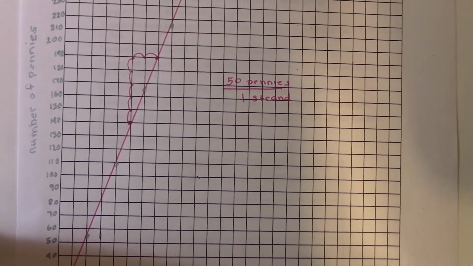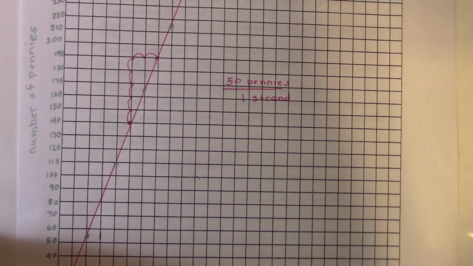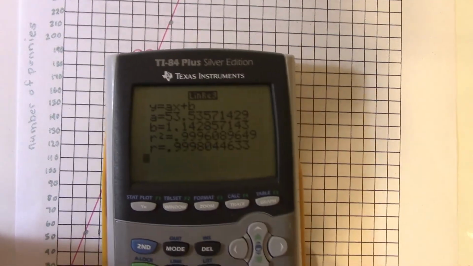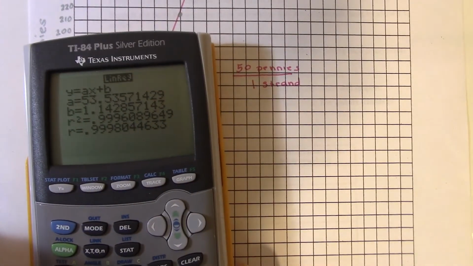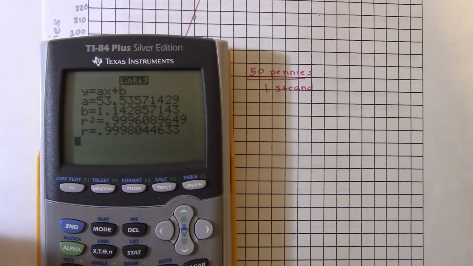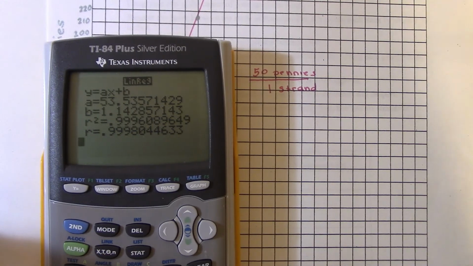Next, I'm going to use the calculator. I'm going to enter my data points in the calculator to see how the slope of my line of best fit compares to my trend line. And when I did that, I came up with this equation right here, where A, which is the slope, is 53.53, or roughly 54 pennies, and B is 1.14, or roughly 1 penny.